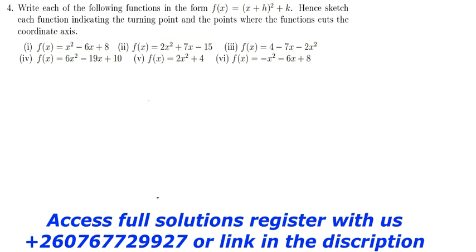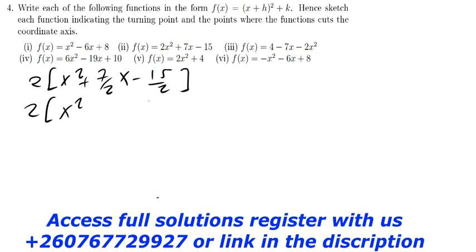So we are factoring out 2, and then x squared plus 7 divided by 2, I'm dividing it by 2, then minus 15 over 2, like that. The next step is x squared plus 7 over 2 x plus half of 7 over 2. 7 over 2 times half is 7 over 4.